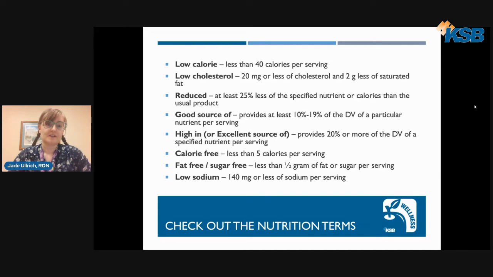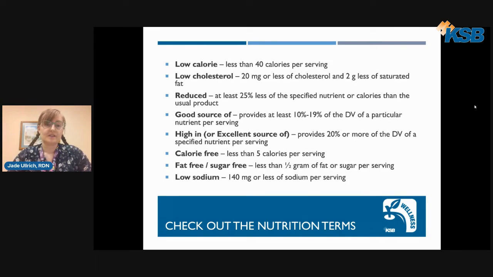Good source of provides at least 10 to 19% of the daily value of a particular nutrient per serving. High in, or also excellent source of, are both the same thing, just two different terms, and they both provide 20% or more of the daily value of a specified nutrient per serving.